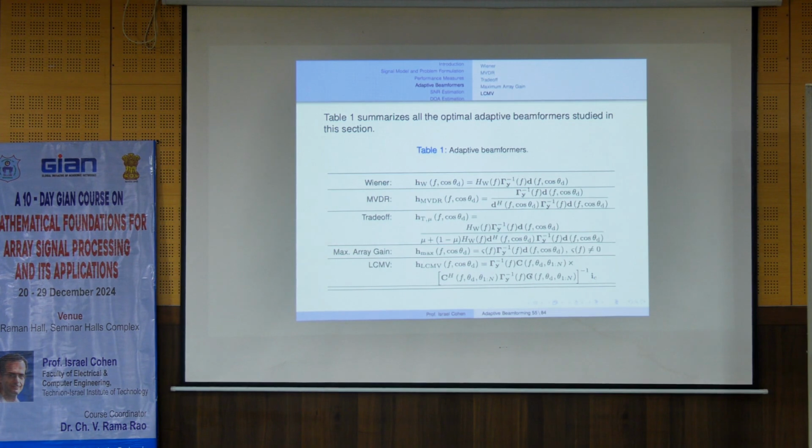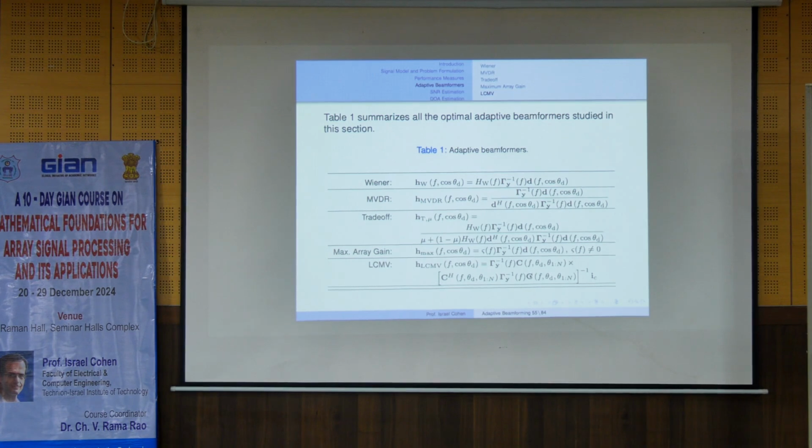We cannot track fast changes in the environment and so on. The computational complexity is also higher with adaptive beamforming because we need to estimate additional information. And sometimes we cannot adapt to the changes quickly. So sometimes we choose to work with fixed beamforming because it's simpler.